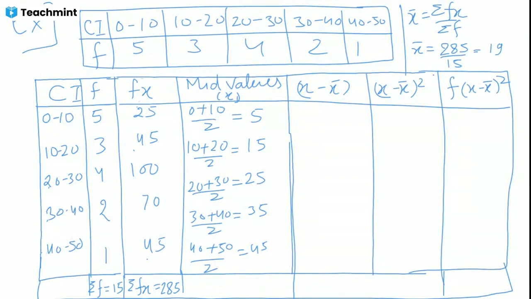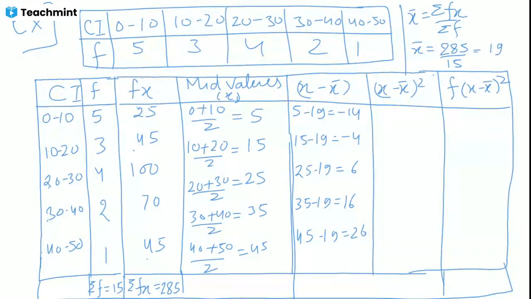Okay. So now subtract x bar from each value of x. 5 minus 19 we have minus 14, and 15 minus 19 we have minus 4, and 25 minus 19 we have 6, and 35 minus 19 we have 16, and 45 minus 19 we have 26.